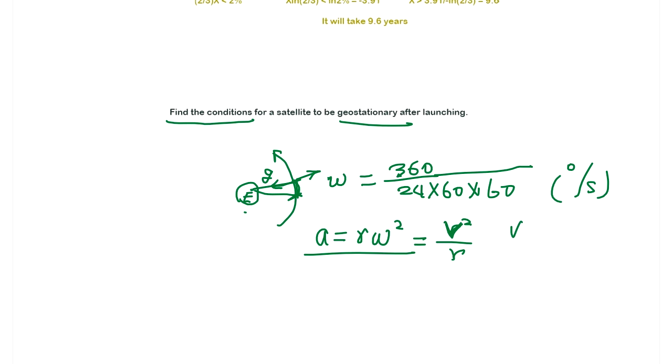The v is r omega, so that's the acceleration. And the gravity is g, right?